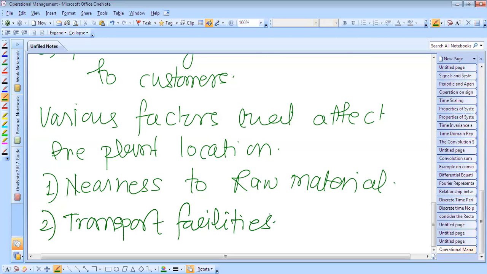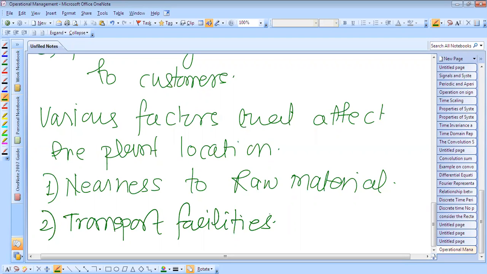Once you have finished your goods, we also have to distribute them to the customers, and if the market is very far away from your plant, and the raw material is far away from the plant, then the transportation will cost more money. So depending on the size of raw material and finished goods, a suitable method of transportation like roads, rail, water or air is selected, and accordingly the plant location is decided.